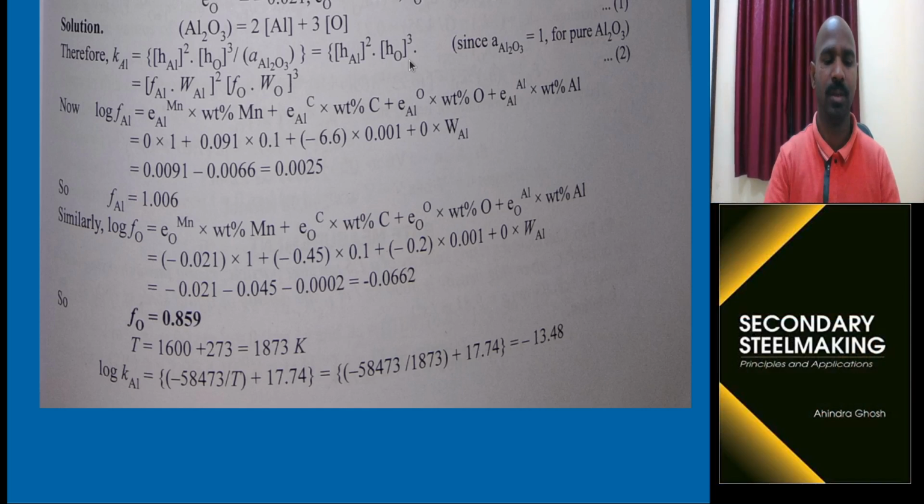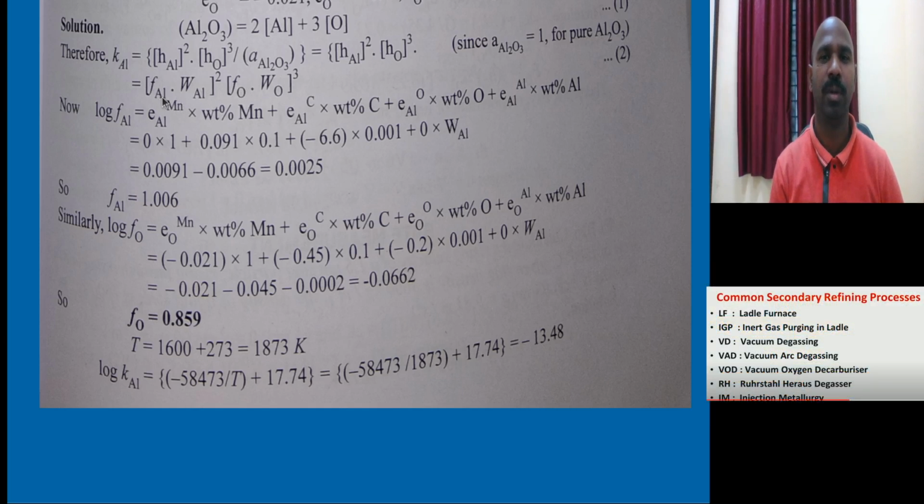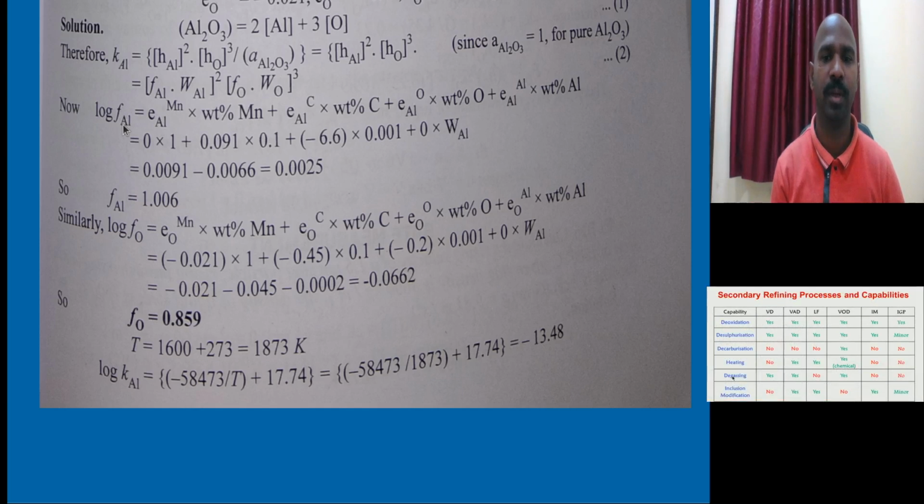This is the final equation, and it can be rewritten in terms of the Henrian coefficient f of Al and the weight percentage of aluminium. It is further simplified, and for calculating this Henrian coefficient, there is a relation between the interaction parameters and the Henry coefficient.